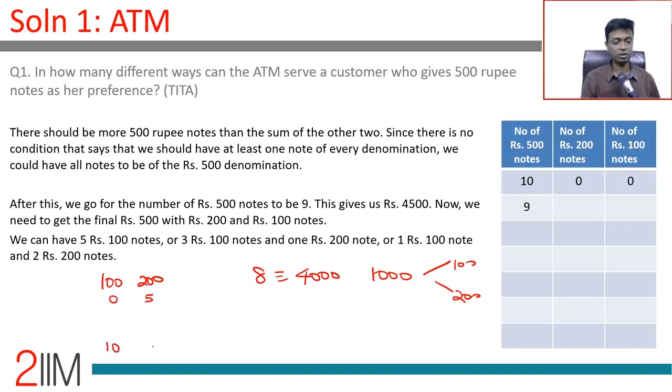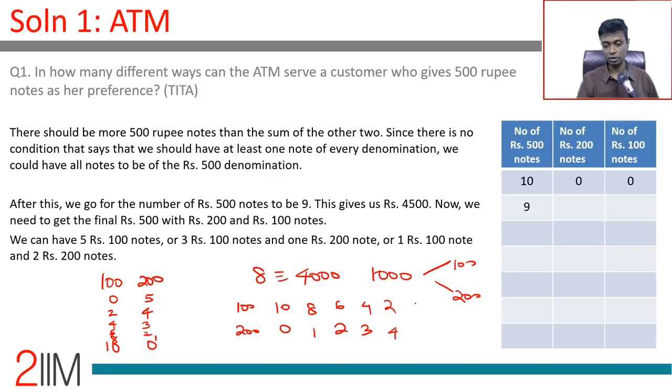The other extreme we have 10 of the 100s and 0 of the 200s. We could have 10 and 0, 8 and 1, 6 and 2, 4 and 3, 2 and 4, 0 and 5. These are all possibilities when there are 8 500 rupee notes.